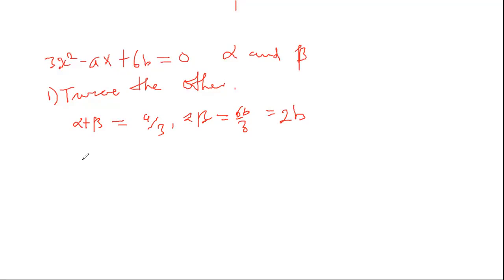Then we set the condition for one root to be twice the other. So we are going to say either alpha is equal to 2 beta, or beta is equal to 2 alpha.